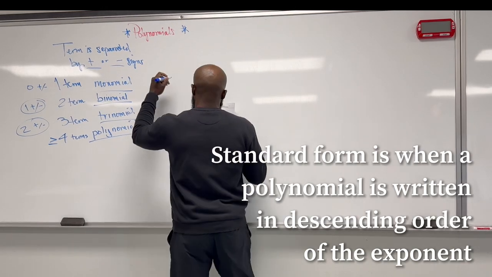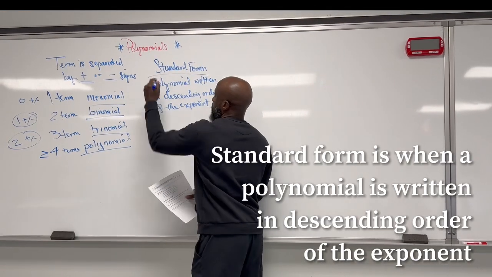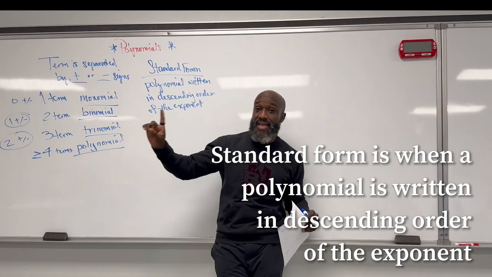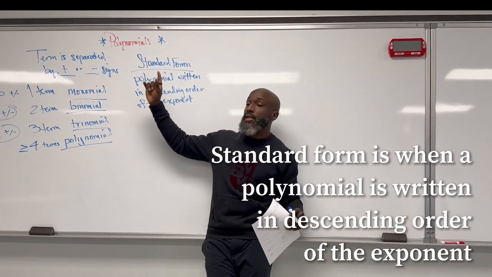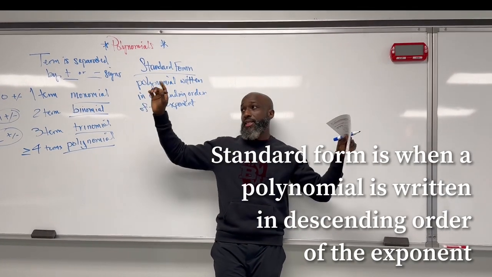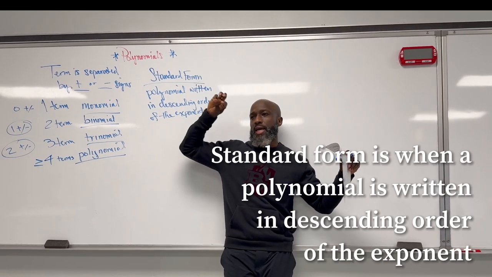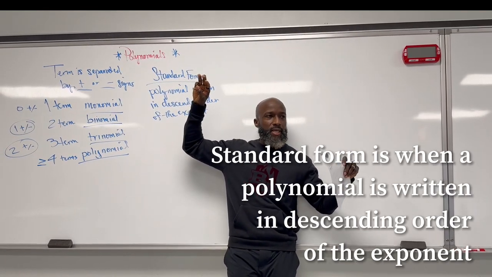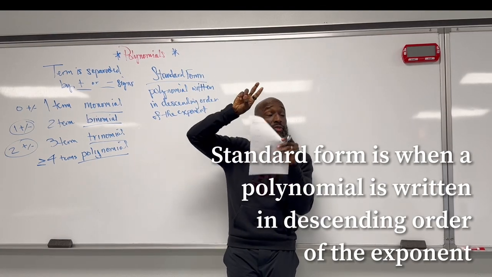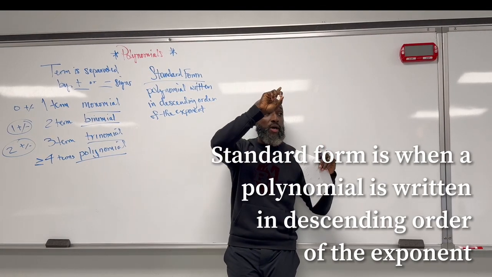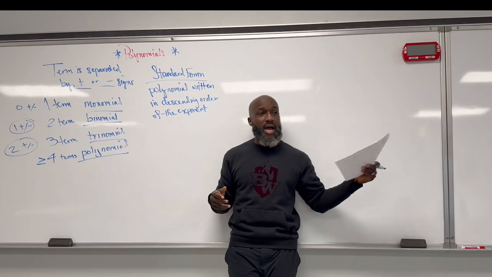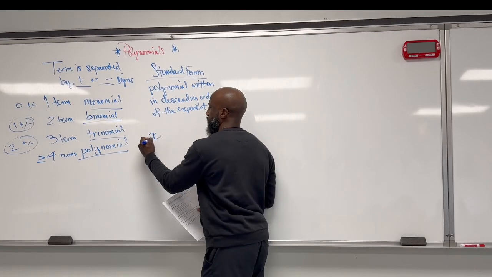So if 3 is the biggest exponent, the next term has to have 2, the next term has to have 1, and then the next term has to be a constant.